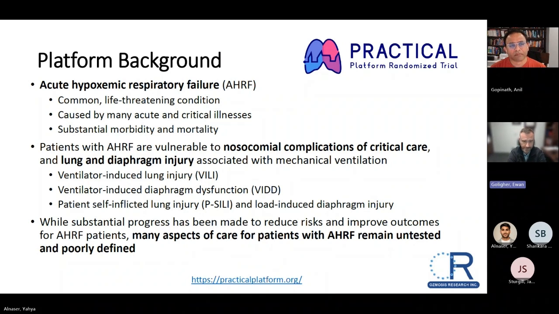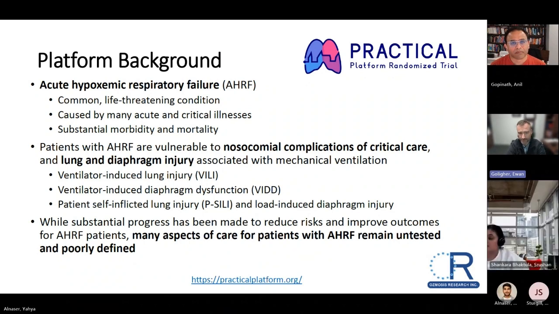So some of the interventions that we're studying are novel ventilation strategies, including extracorporeal life support, as well as interventions like sedation and other pharmacological strategies for managing respiratory failure. We basically see this as an immense opportunity to improve and define care for patients. There are many therapeutic opportunities, and as yet they remain unstudied. And so we hope that practical will be a means of accelerating discovery in this space.